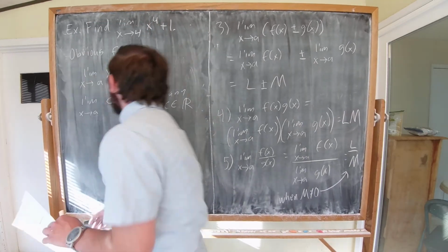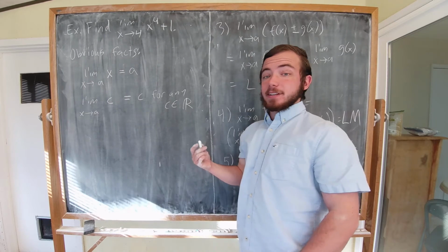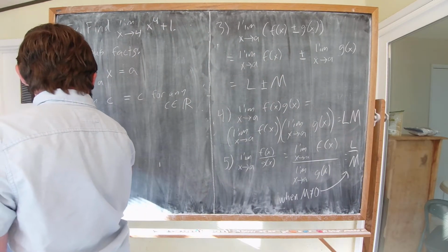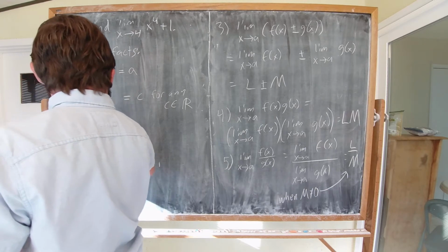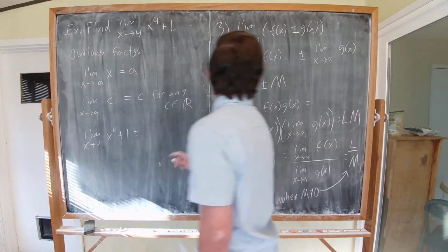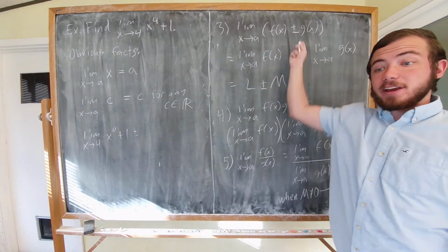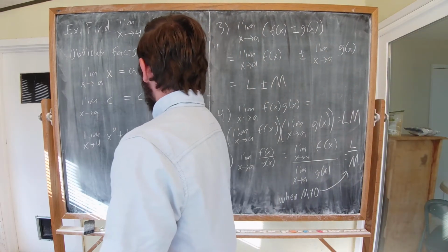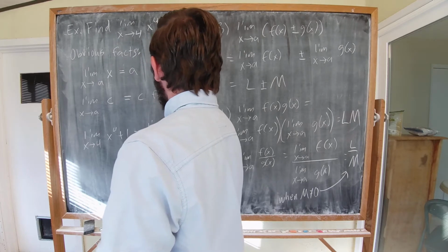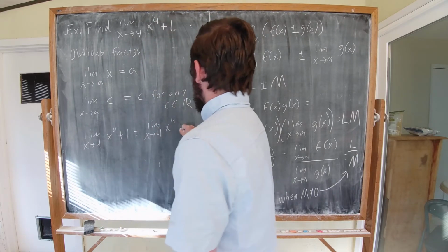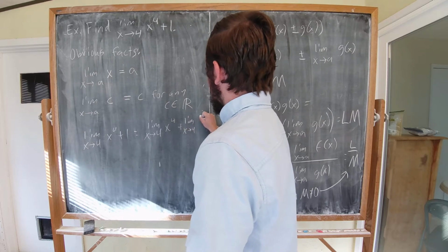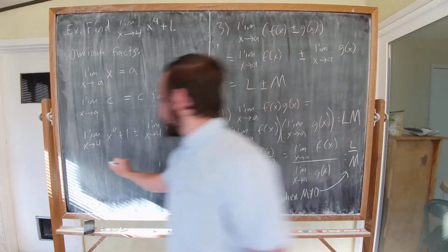Okay, that's enough for us to compute this limit here. The limit as x goes to 4 of x to the 4th plus 1 is, according to limit law number 3, we can split up over the sum. Limit as x goes to 4 of x to the 4th plus limit as x goes to 4 of 1.